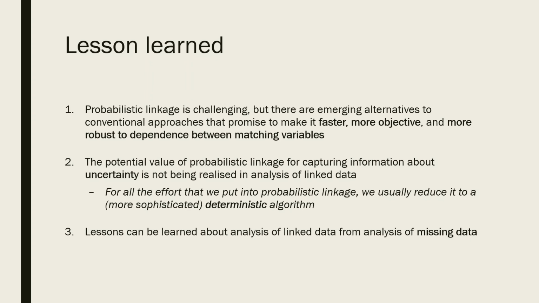But our main point is that the potential value of probabilistic linkage for capturing information about uncertainty is not being realized in analysis of linked data. And for that, we really need to be retaining information about uncertain links and stop treating probabilistic linkage in this deterministic way.